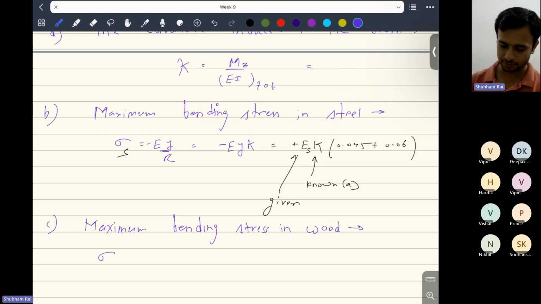Similarly, it will be sigma wood, and this will be minus E of wood times y at minus h by 2. So minus minus will be plus. Kappa will remain as it is, then h by 2 is 0.045 plus 0.06. And this will be Newton per meter square.